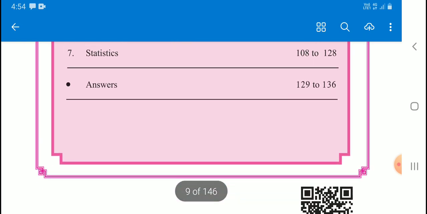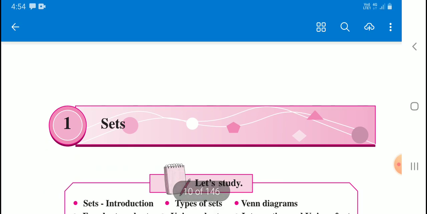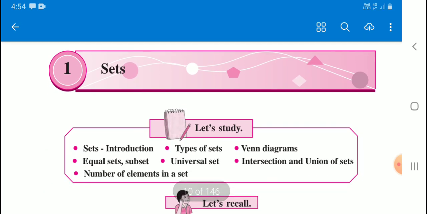Maths 1 book contains 40 marks and Maths 2 book also contains 40 marks. 40 plus 40 is equal to 80. But your mathematics is of 100 marks, so the remaining 20 marks are for your internal evaluation.